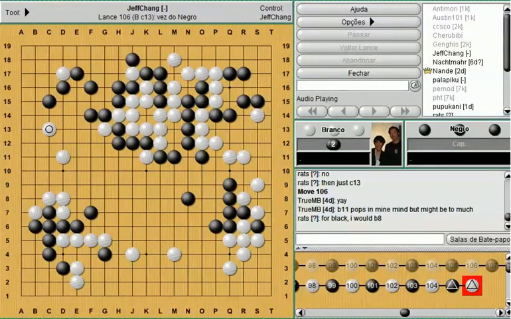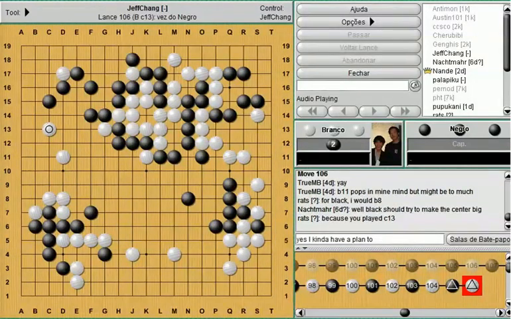Reds, you're gonna play B8. Why? No, that's irrelevant. I play C13 because I want to simplify the situation.